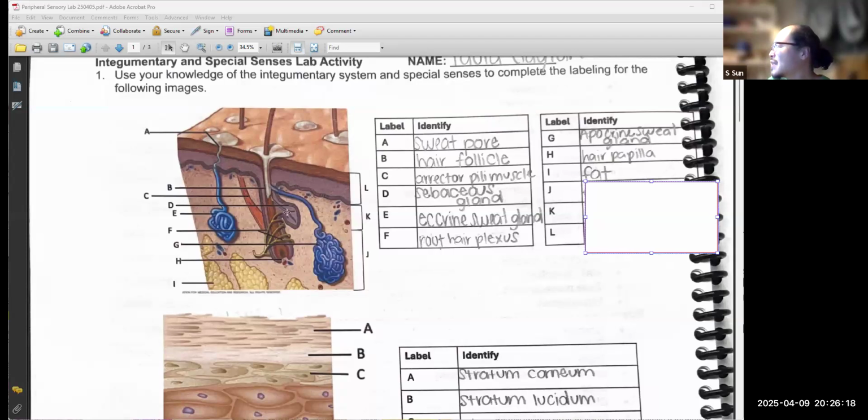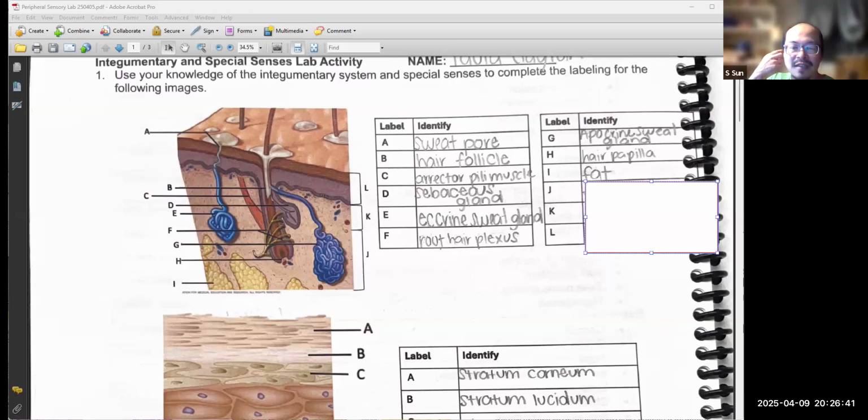D is the sebaceous gland. E is the eccrine sweat gland, which produces hypotonic sweat. F is the hair root plexus. This is a sensory receptor to detect your hair movement.